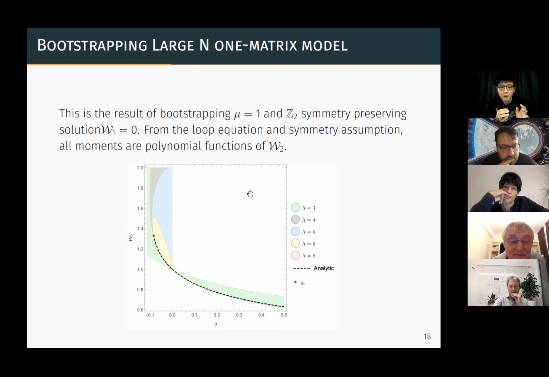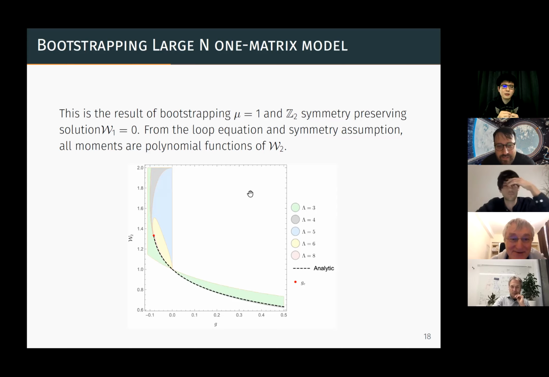This is the overall structure. What is the interpretation of negative G from the integral point of view? Is it analytic continuation, or how should we understand it?